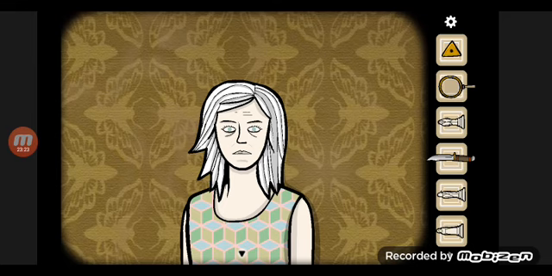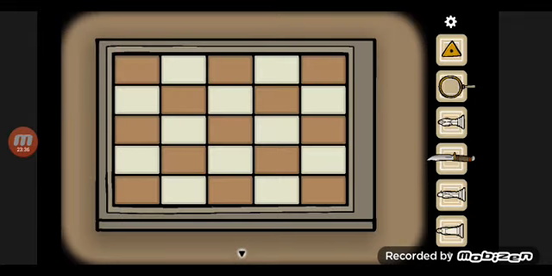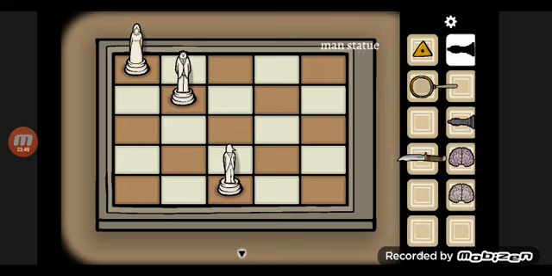So she suggests making the right move. Now let's turn our gaze to the chessboard on the table and place the collected statues on it.